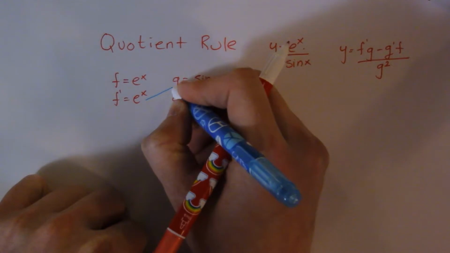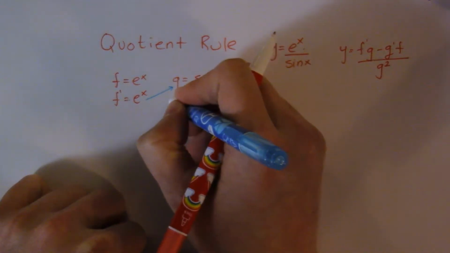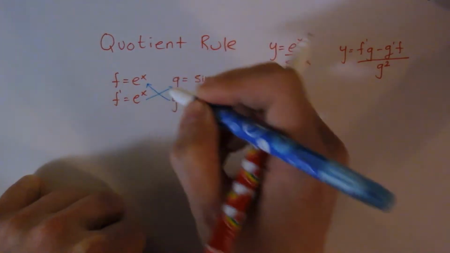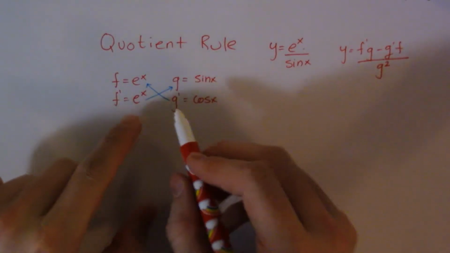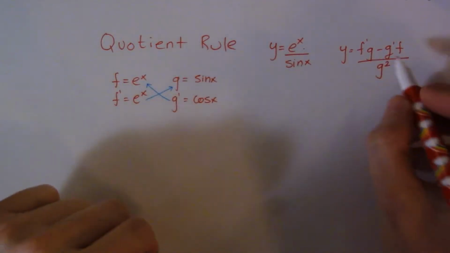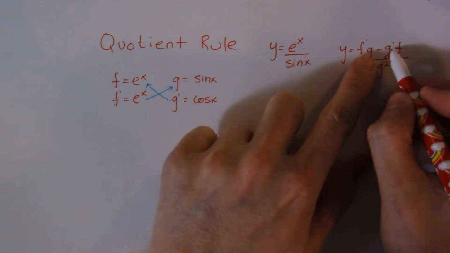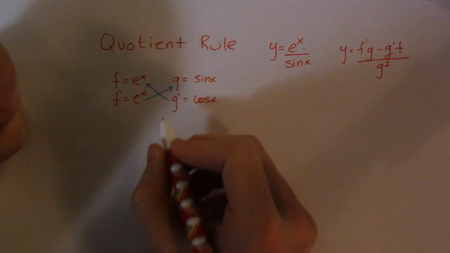So I always tell them, start from the bottom, multiply across the top, and then do the same thing. Start from the other bottom and multiply. So that way you always get the order right: f prime g minus g prime f. A lot of times you'll see students get these two backwards and they end up with opposite signs or things not canceling correctly.